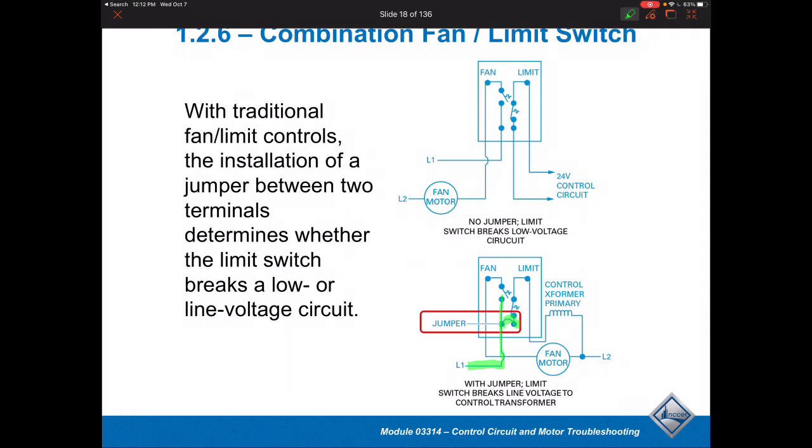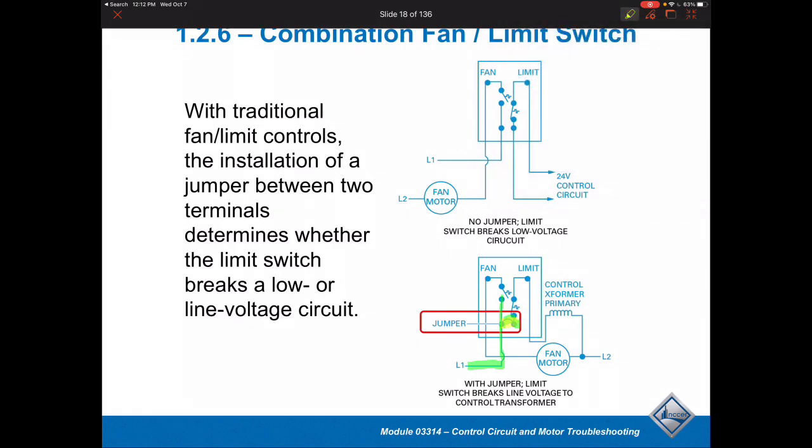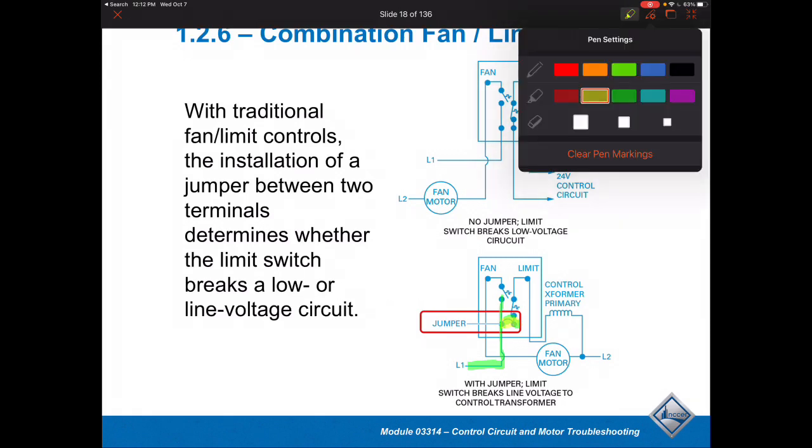If the transformer is on the high voltage side, you probably want that jumper intact in that combination fan and limit control. However, if the transformer is set up for low voltage, then you absolutely have to get that out of that circuit.